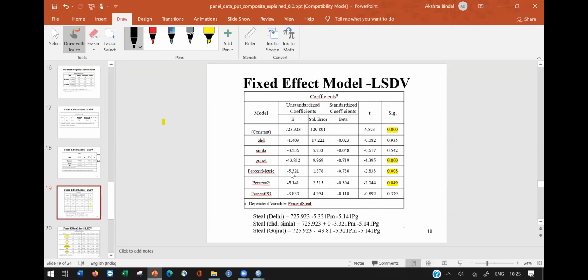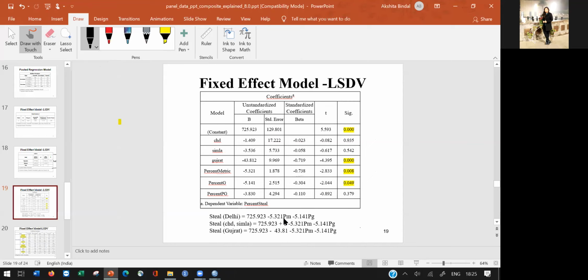I won't consider these three variables while calculating my equation for Delhi. I'll just consider the constant, percentage metric, percentage graduate, and percentage PG, because this is also coming significant in this model.